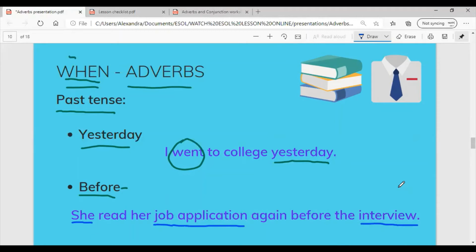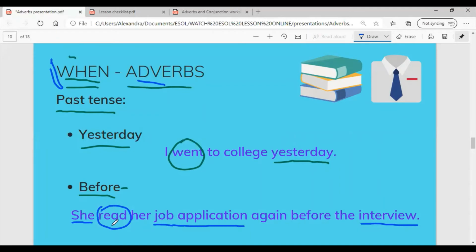And then if we look for our verb, so what she is doing, we can see that she read her job application. Read would be our main verb in this sentence because it is telling us what she is doing. So now we need to look at how and when. So we're looking at when she read, and we'll look to the adverb to tell us when she read.